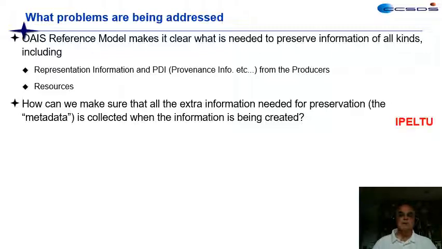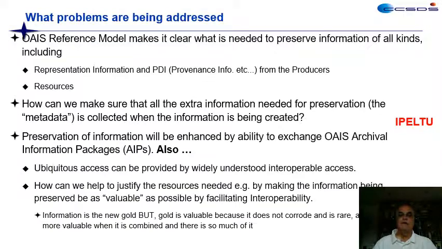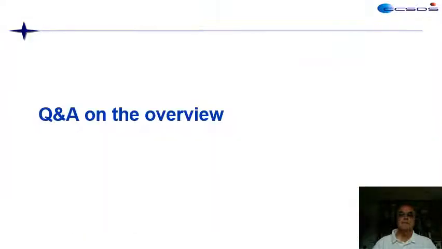This is IPEL2. Help in interoperability of archival information packages and enabling interoperability, which will help to increase the value of the information being preserved. That is the OAIS-IF. So any questions on this overview?